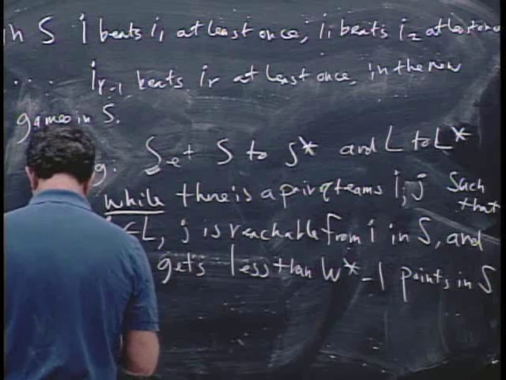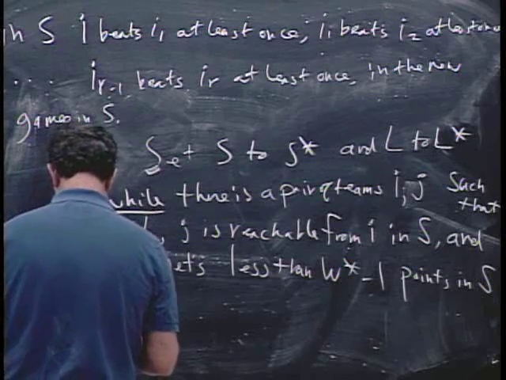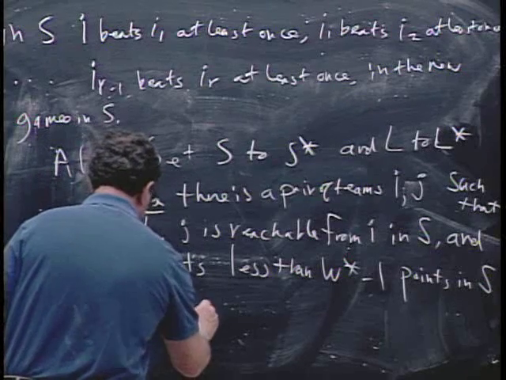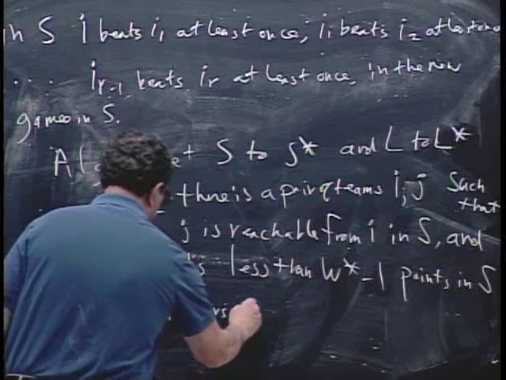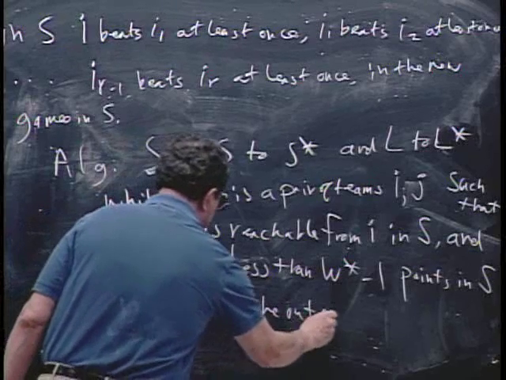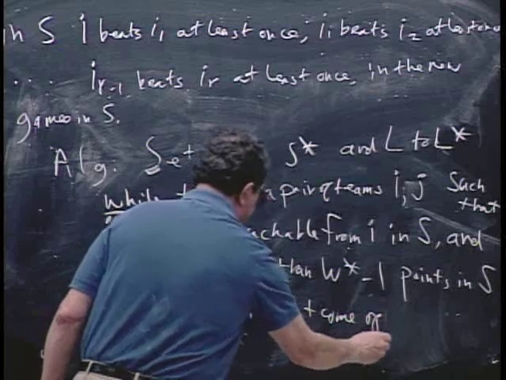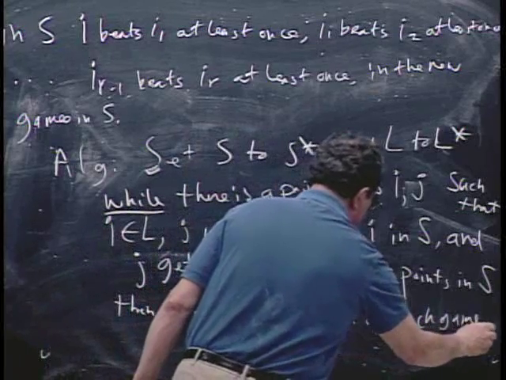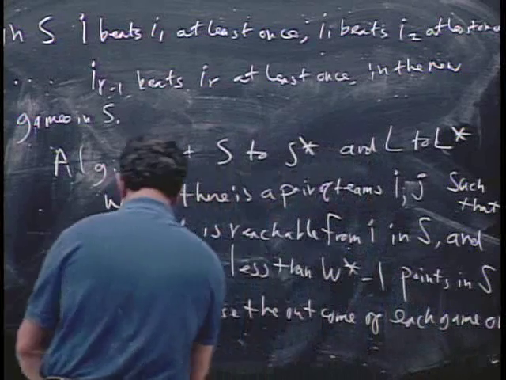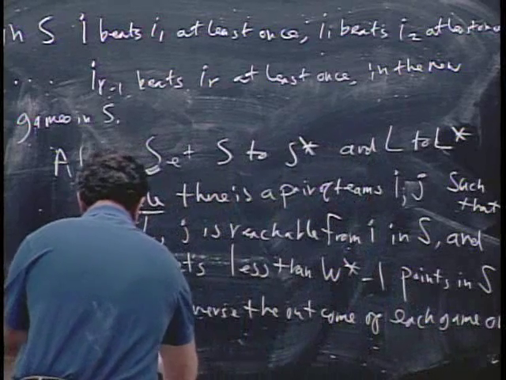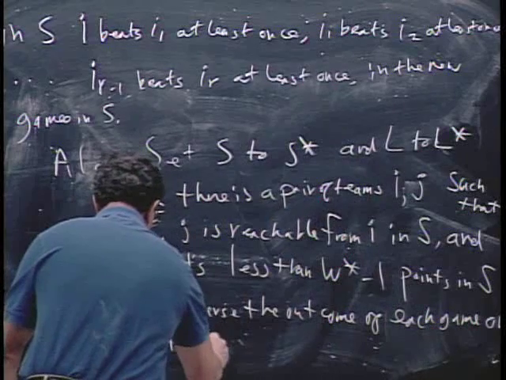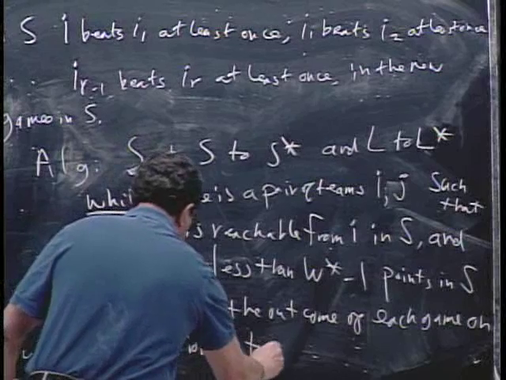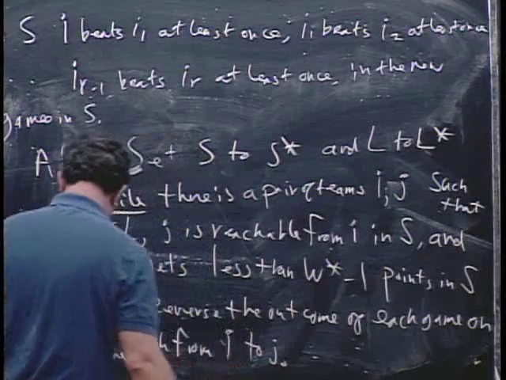Then reverse or change the outcome of each game on the path from I to J. Okay?